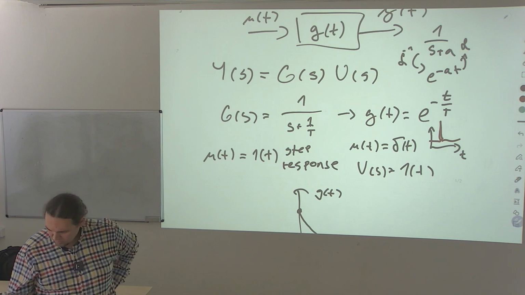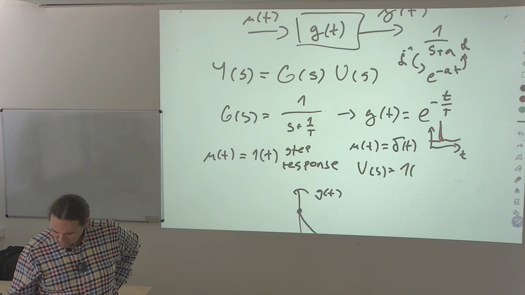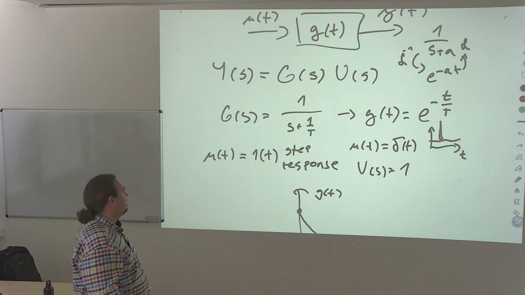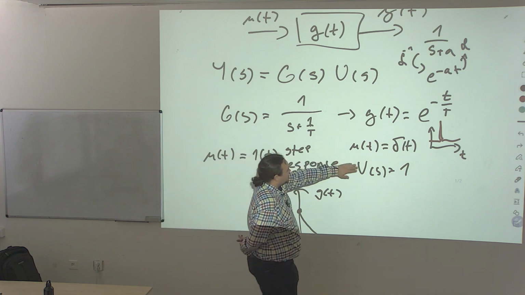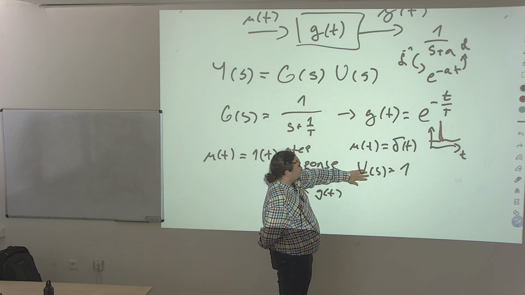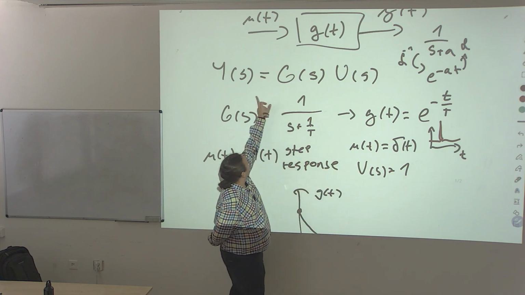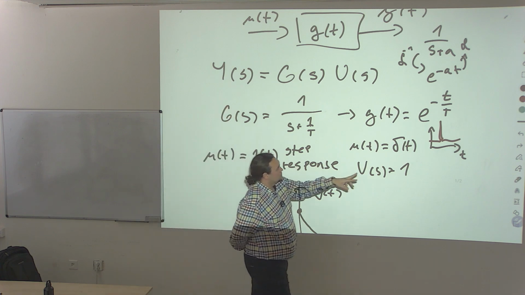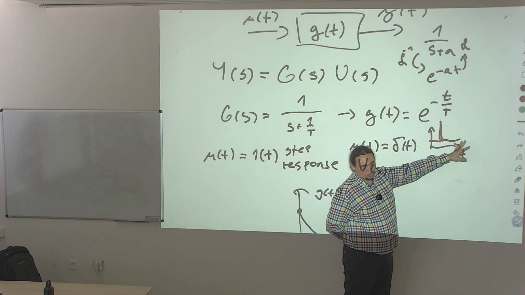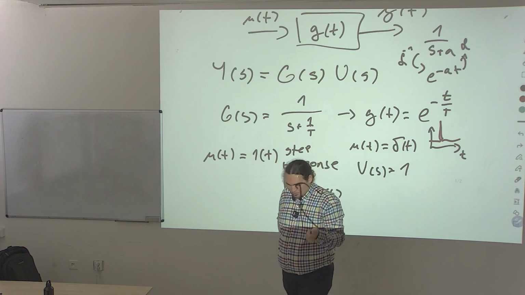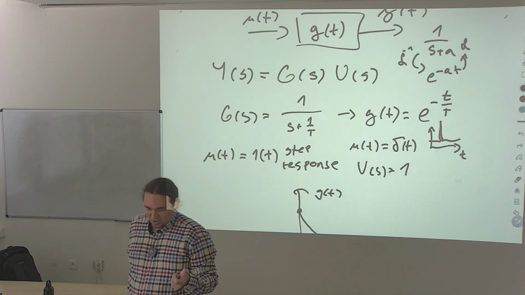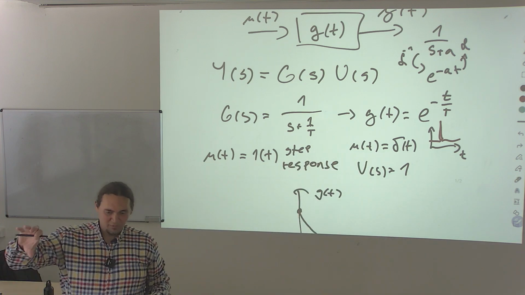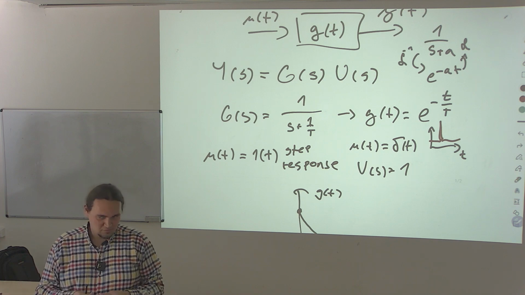Laplace transform 1 of s, or just 1. Its Laplace image is 1. So basically, the response of the system to some impulse. Impulse means what? I just open a valve and then close it.